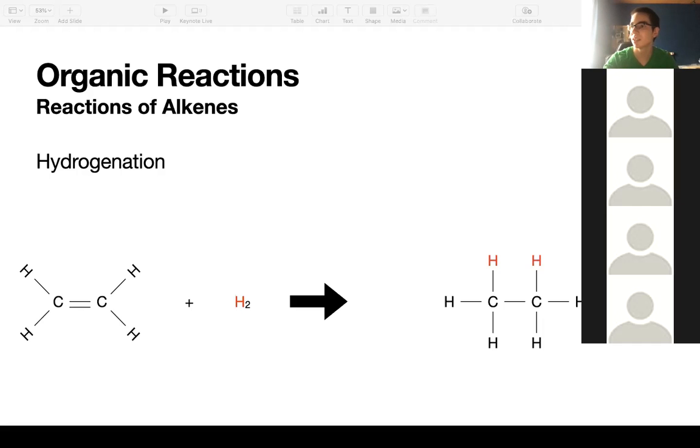When you see hydro, what do you think of? What element? Hydrogen. Water. Kind of water, not quite. Don't get confused. It's not water. So hydrogen.